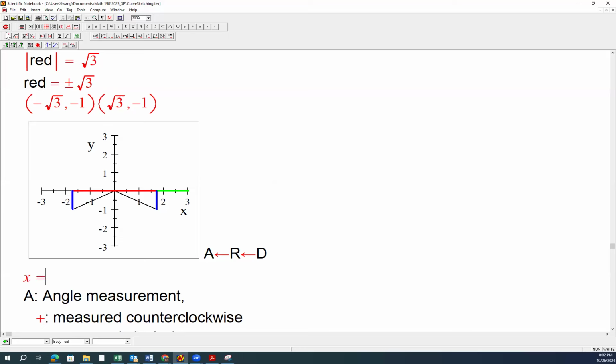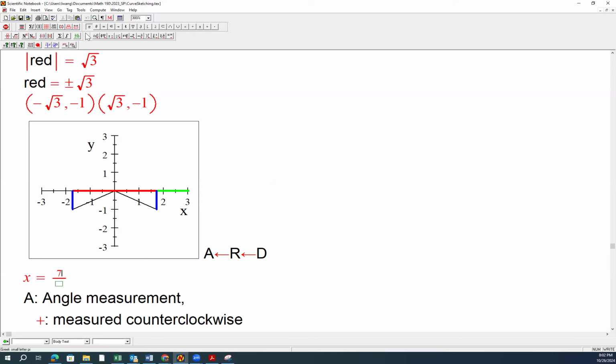Those X values are 7 pi over 6. How do I get 7 pi over 6? I just measure, and this is pi. Pi plus pi over 6 is 7 pi over 6. And continue to measure over here, we get to this angle. That's going to be 2 pi minus pi over 6.